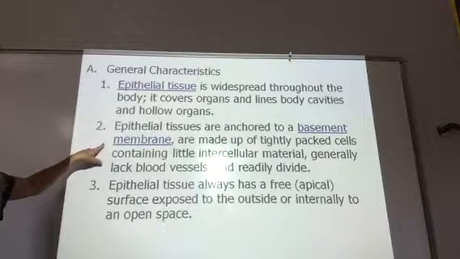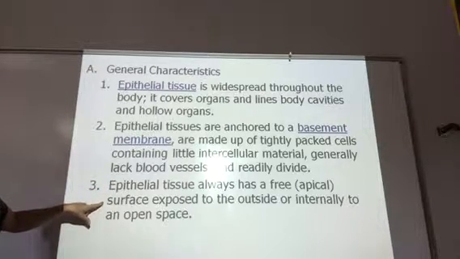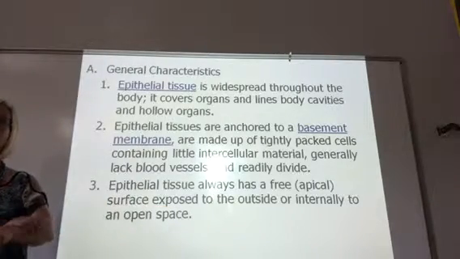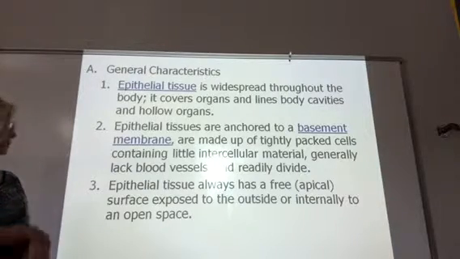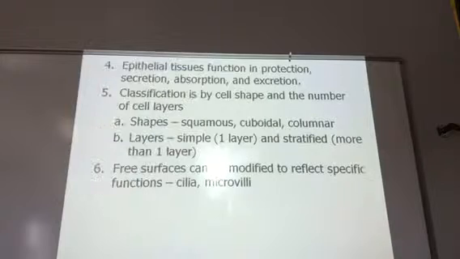So basement's at the bottom. Epithelial tissue will also have a free apical surface, so an outside surface that's going to be exposed to the outside of the skin or to the outside of the organ or to an open space or cavity. So basement, bottom, free, top.